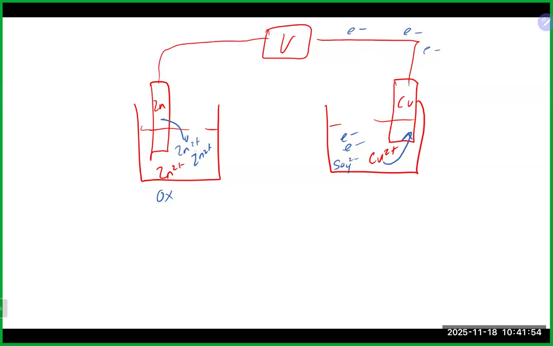What's going to eventually happen is you're going to build up on this side a very big positive charge, because you have all these positive ions dropping in there, along with the original zinc ions in that solution. On this side, as you remove all those positive copper ions, you're going to have the counter ion, like sulfate or whatever it was in this example, and you're going to build up a really big negative charge on that side without the salt bridge being present.